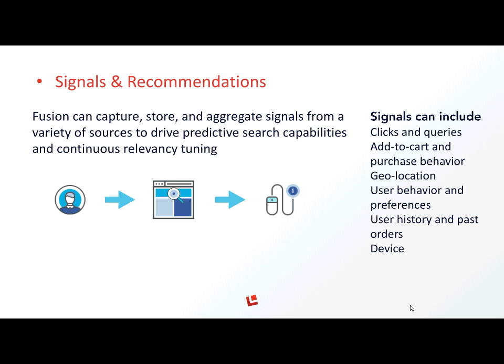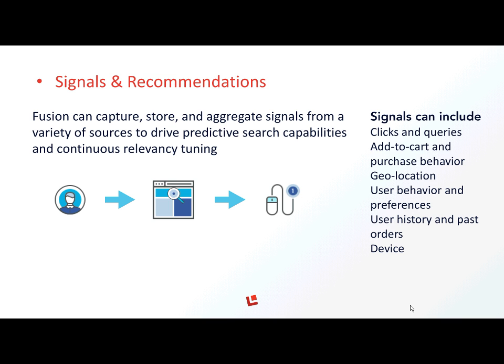The thing in Fusion that we use to do the log analytics are two things called signals and recommendations. So Fusion can capture, store and aggregate signals from a variety of sources. And signals are basically events. So they can include things like clicks and queries. Maybe you're adding to a cart if you're in retail, or some kind of purchase behavior.